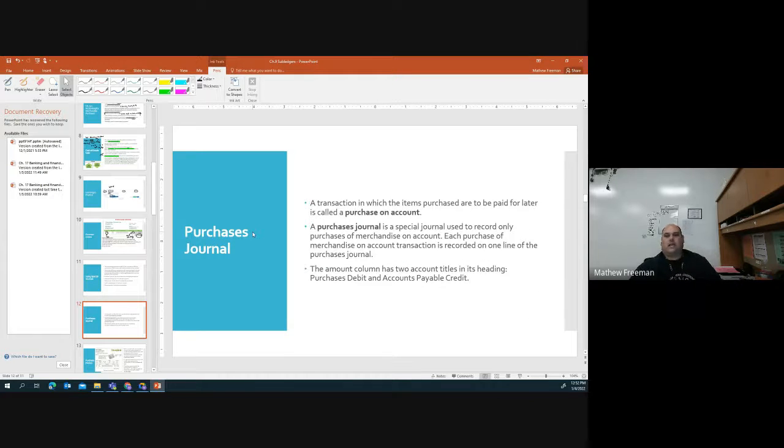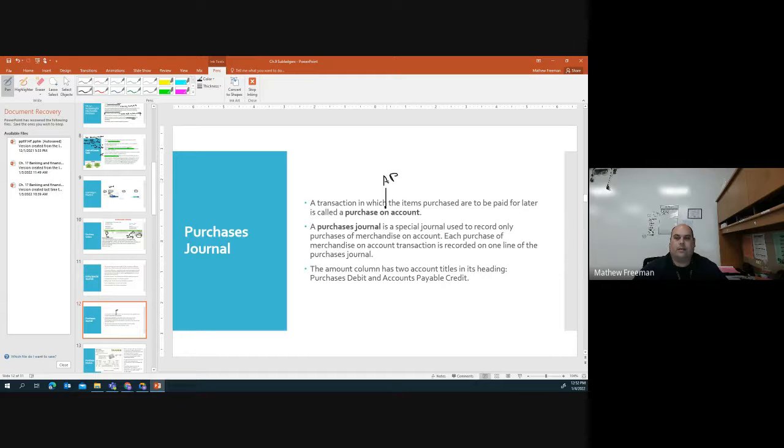A transaction in which the item purchased is to be paid for later is called a purchase on account. A purchase journal is a special journal used to record only purchases of merchandise on account. So this is the same as, think of it like accounts payable.